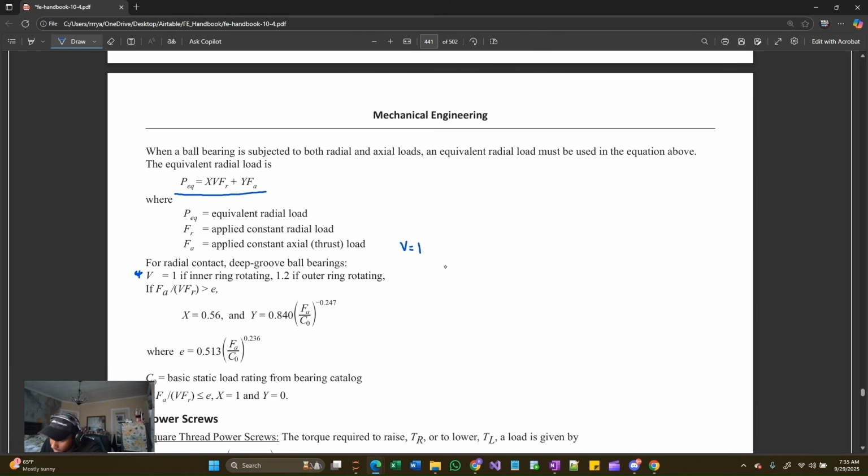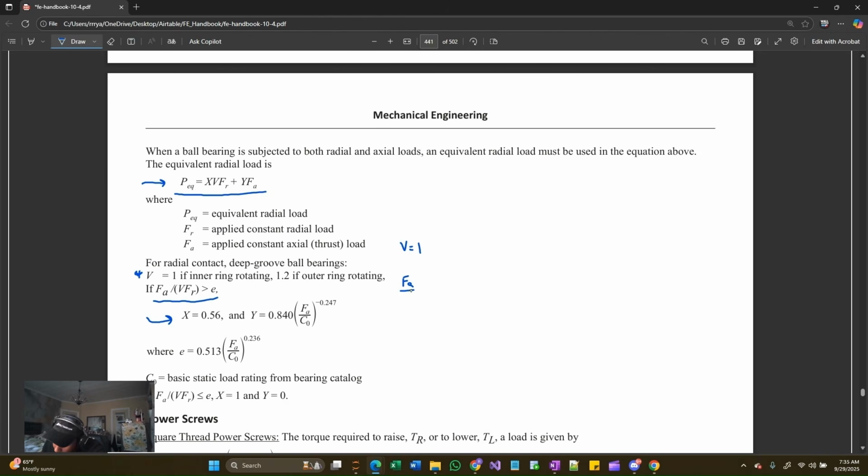The next thing is we have to check a condition where the ratio of FA over VFR has to be greater than E. If that's true, we have X and Y given over here, and they're used to get our equivalent radial load. But if that condition is not true, then we use X equal to 1 and Y equal to 0. So that's the condition that we're going to be checking.